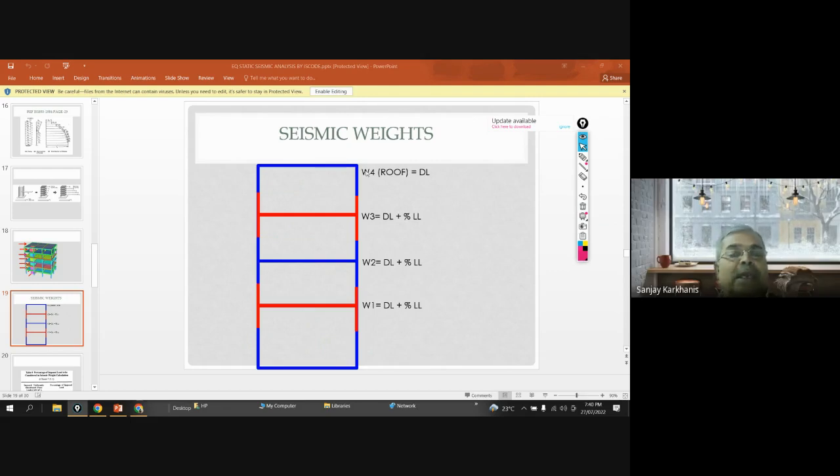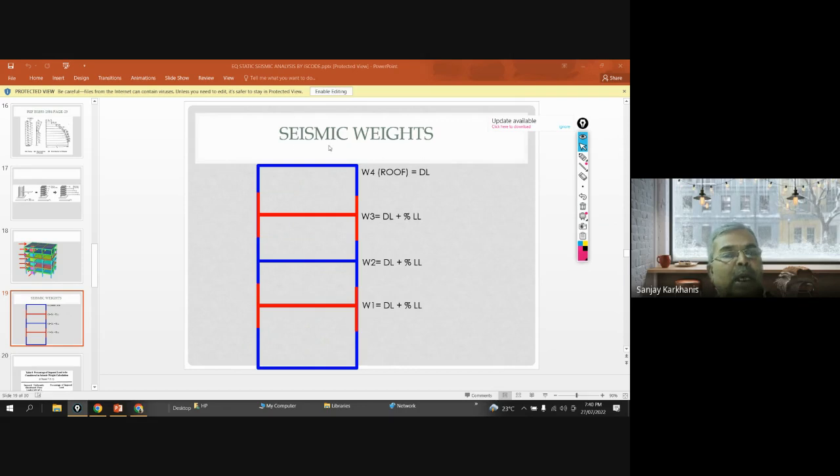Now let us see what is the assumption for dead load and live load. If this is your terrace or roof, whatever you call it, that is W4. There you will consider only dead load. Of course, it includes superimposed dead load also, but it will not include any live load.